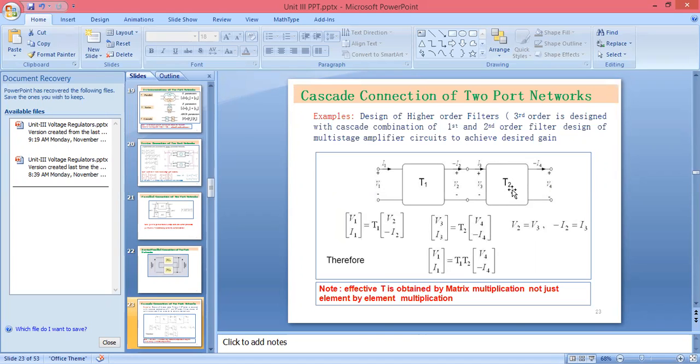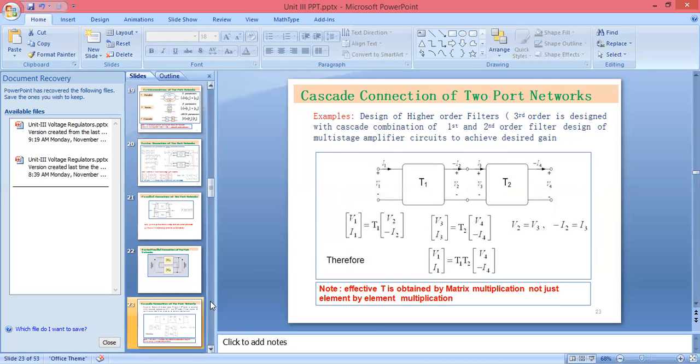Here we are making the cascade connection for two ports. So what is the last here? The second port. So here you will get the value as T1 into T2 into V4 and minus I4. We are taking I4 as minus because it is the outgoing current from port 2. This is the output voltage.